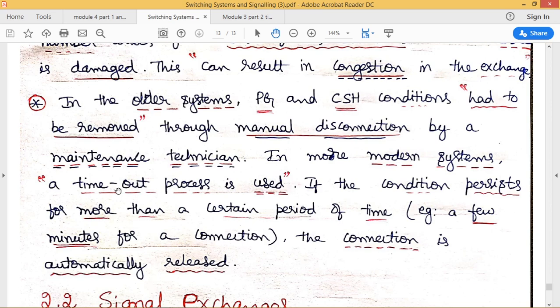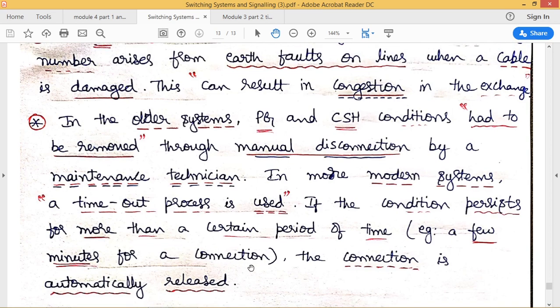The call will be turned off or the connection removed. For example, after a few minutes the connection is automatically released. So that is the sequence of operations performed inside a telephone local exchange when making a call. Okay, thank you.